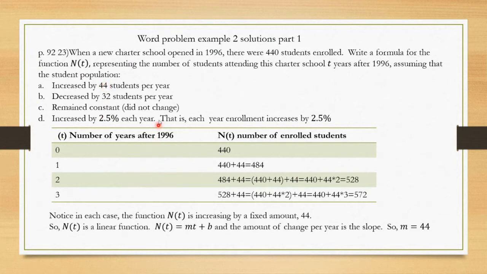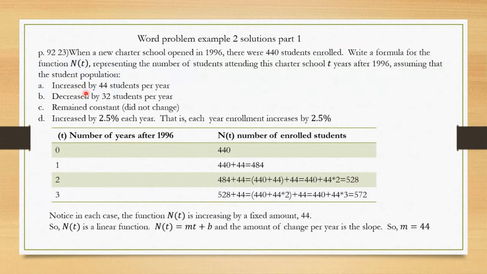Okay, I did put some calculations in here just to help people see what's going on. At time 0, that's 1996, N of t, the initial value, is 440. One year later, at time 1, what's going to happen?